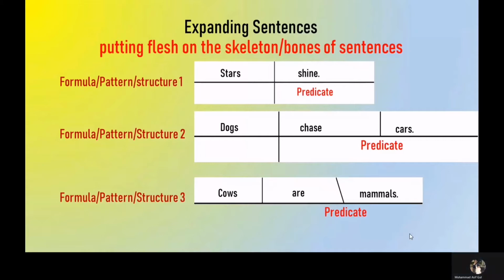Similarly, we have the third pattern, the third formula, the third structure, where we have subjects in the first slot, and then in the second slot we have linking verbs, and in the third slot we have subject complements.